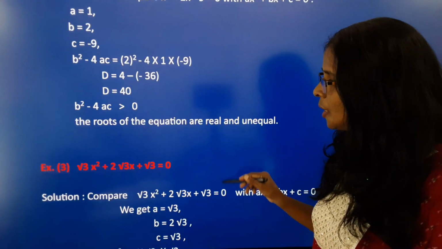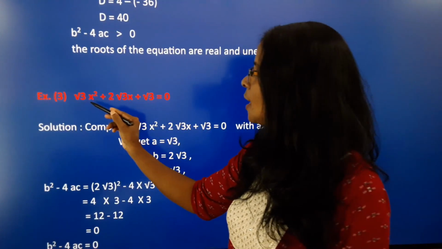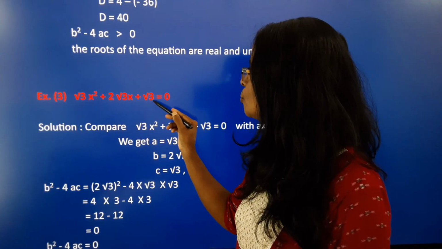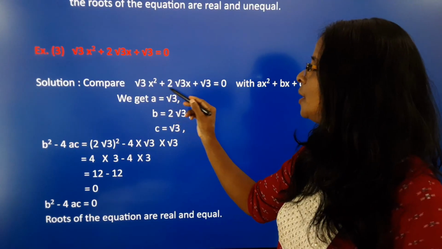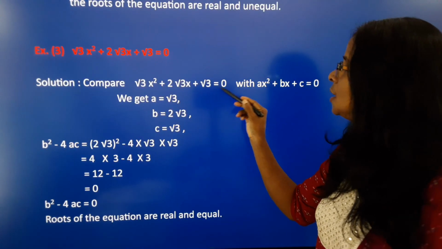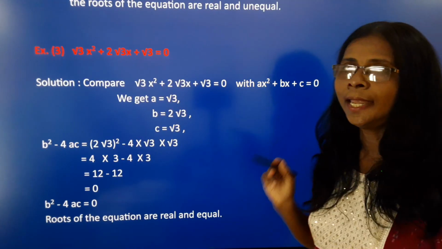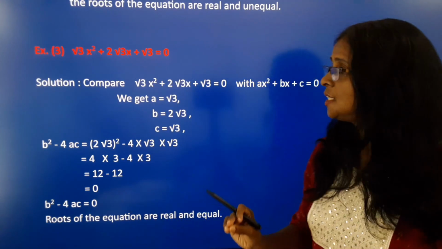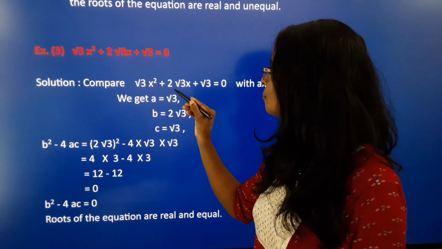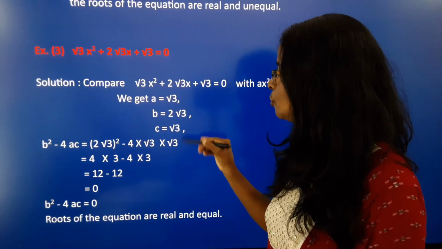The next example, root 3 x square plus 2 root 3 x plus root 3 is equal to 0. Then compare root 3 x square plus 2 root 3 x plus root 3 is equal to 0 with ax square plus bx plus c is equal to 0. Then we have a is equal to root 3, b is equal to 2 root 3, c is equal to root 3.